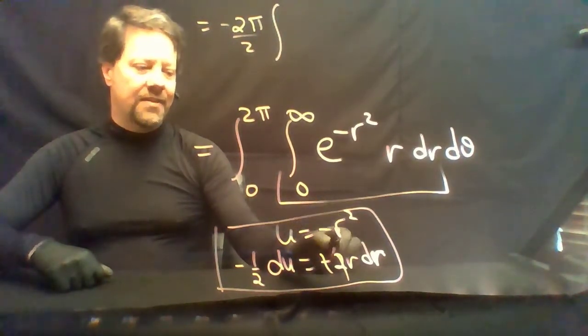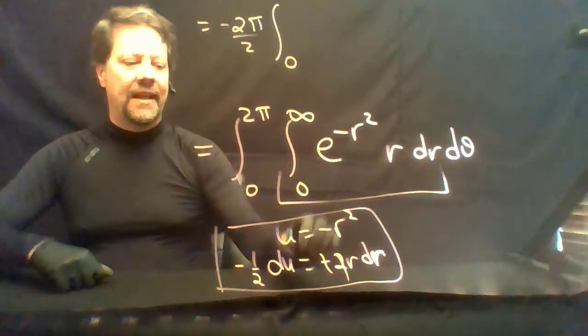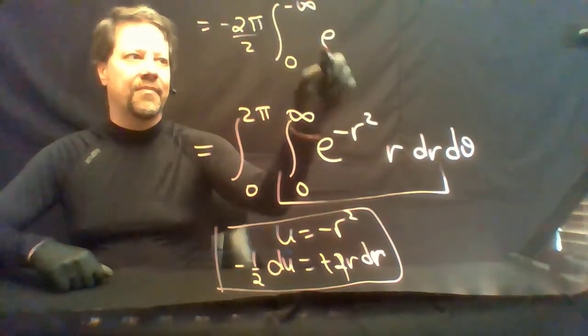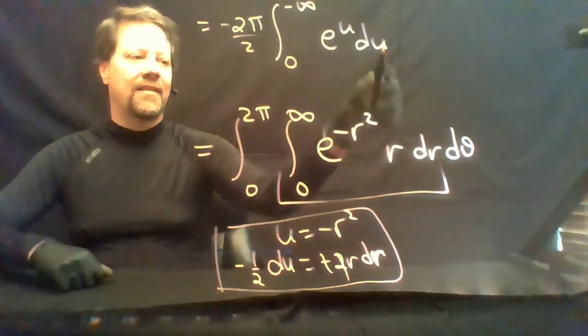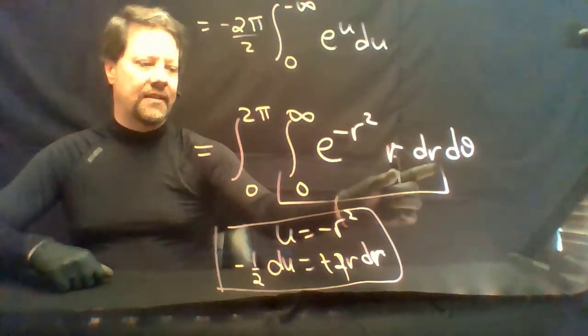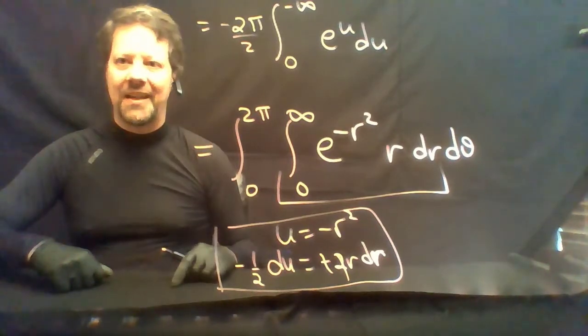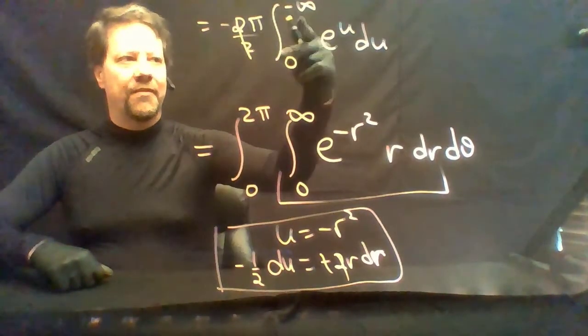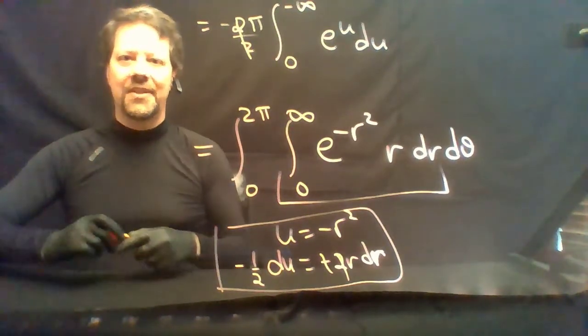If r is equal to 0, u is 0, and as r goes to infinity, u goes to minus infinity. e to the u, and there's the minus 1/2 du. We can flip the order of the limits of integration.